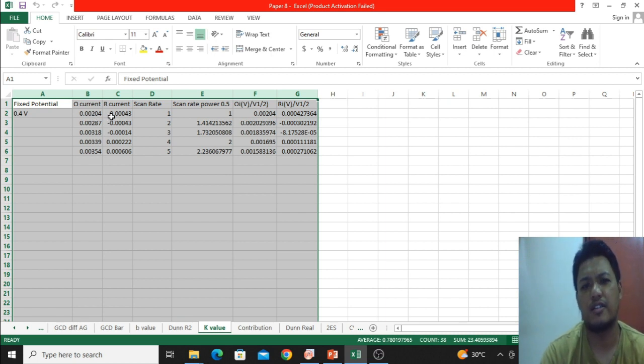This is optional. You can use either the current response at oxidation or reduction. If you want to see the difference in the value, you can use both. Okay, that is the scan rate. The most important thing is to plot scan rate power of half on the x-axis, and the y-axis is your current response divided by scan rate power half.